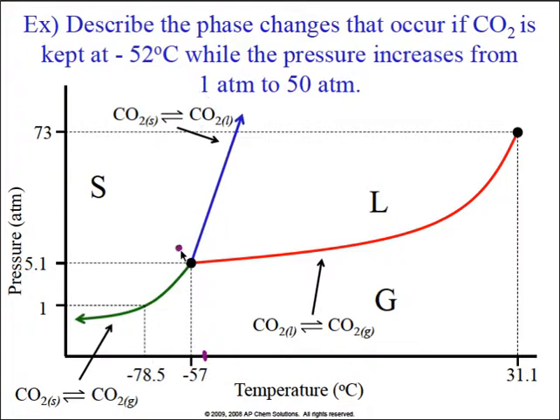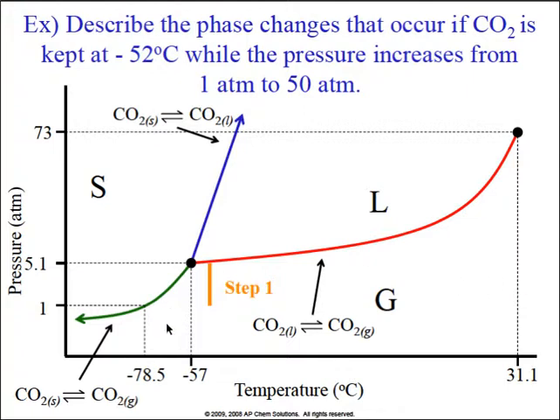Now if we increase the pressure from 1 atmosphere, right here, to 50 atmospheres, which is right there, what's going to happen? As we increase the pressure, it's going to change from a gas into a liquid, then from a liquid into a solid, up to 50 atmospheres. It's pretty easy to understand, right? We just have to read where it lands, and that tells us what phase it's in.